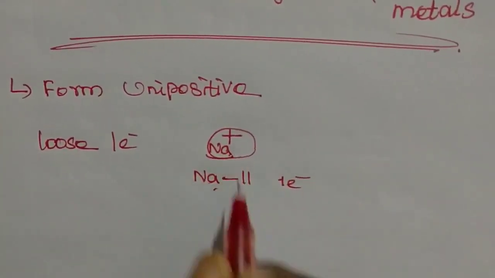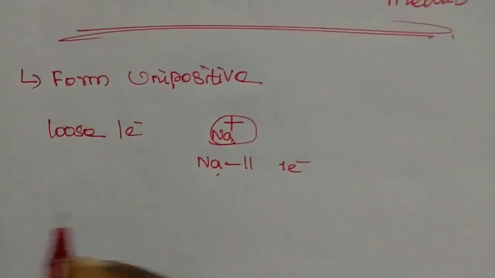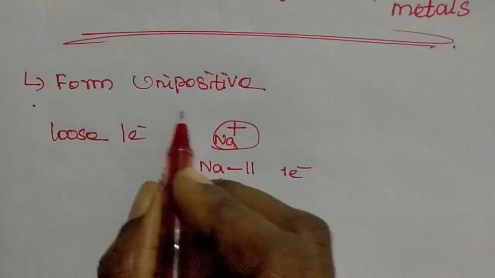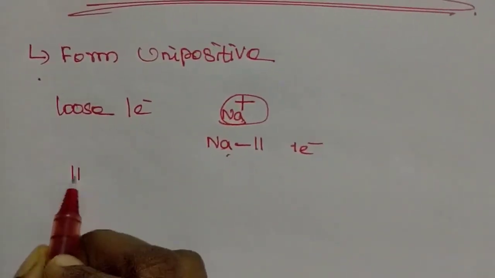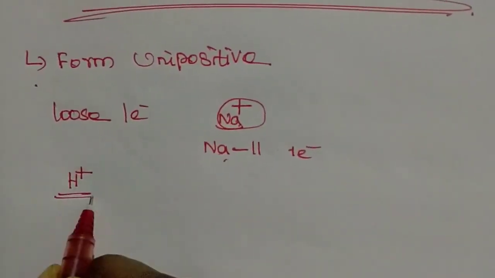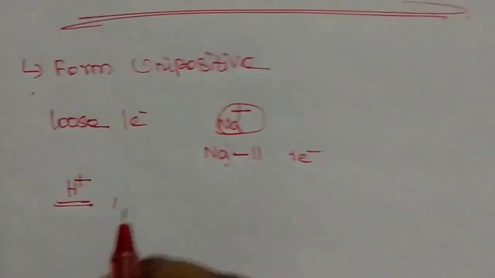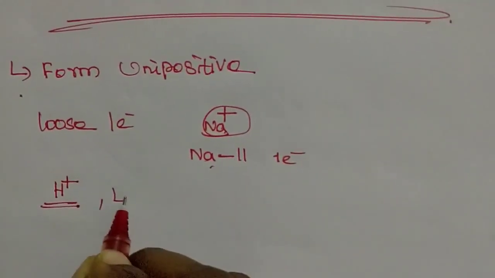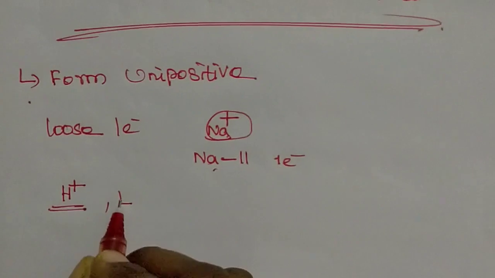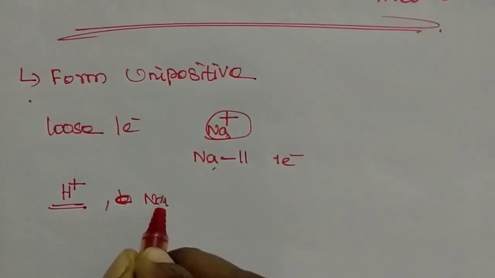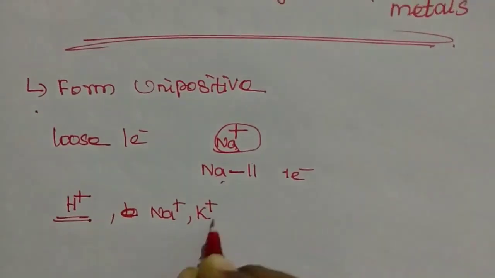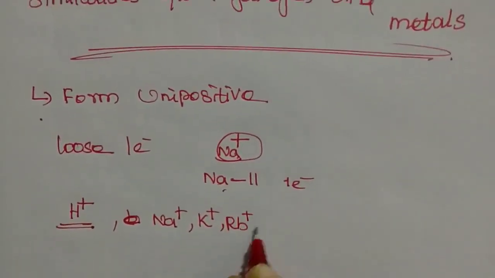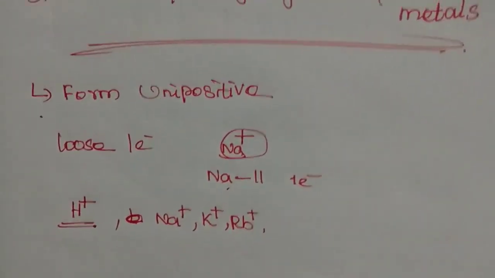That is a unipositive compound. So hydrogen and alkali metals can form unipositive compounds. Example, H plus is the unipositive ion of hydrogen, and the alkali metals form sodium, potassium, rubidium, cesium, etc.